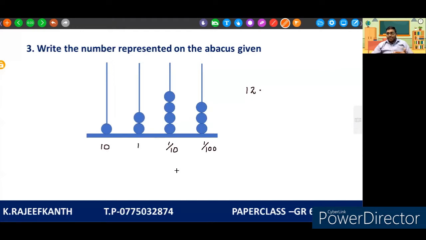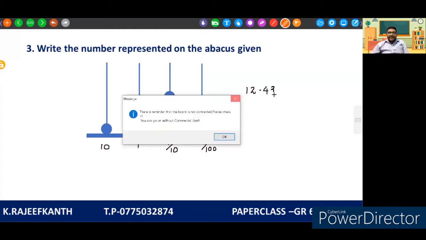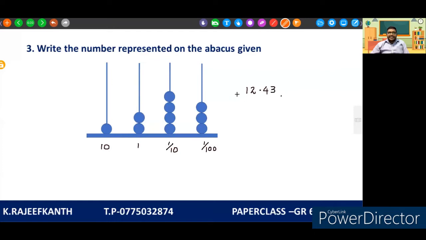Here this is 0.1. No, if we write in decimal, this is 0.01. You have learned decimals in grade 6, right? So here 12.43. When you are reading this decimal number, you have to read 12.43, not 12.43 as forty-three, right?